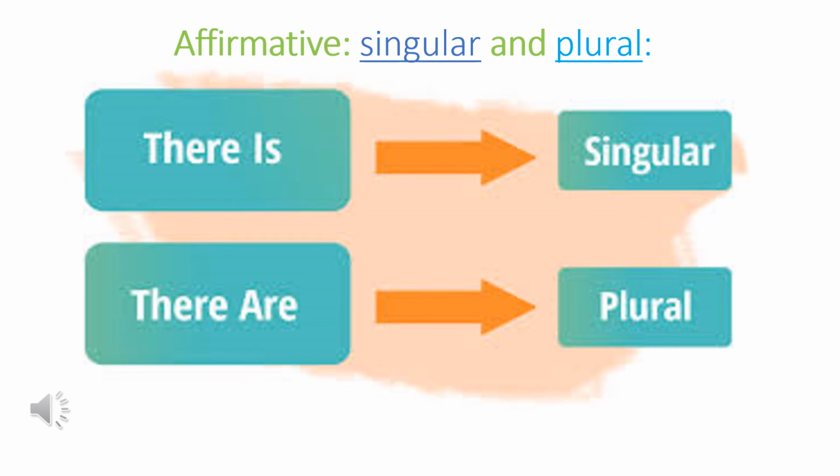Singular means only one item, and plural means more than one. So that's why I'm saying there is, singular. There is a laptop. There is a teacher in the classroom. There is a TV in the classroom.